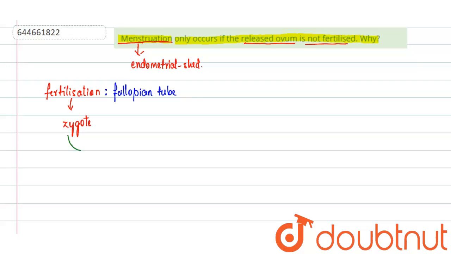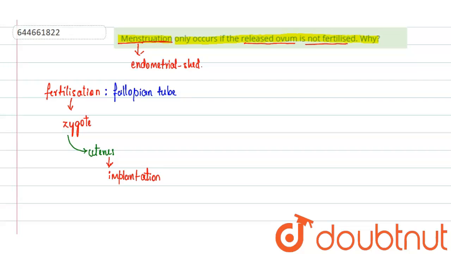It travels along the length of the fallopian tube and reaches the uterus for implantation. Implantation is the attachment of the zygote or the pre-embryonic stages to the endometrium, and this process is known as implantation. So it gets implanted on the endometrial walls.